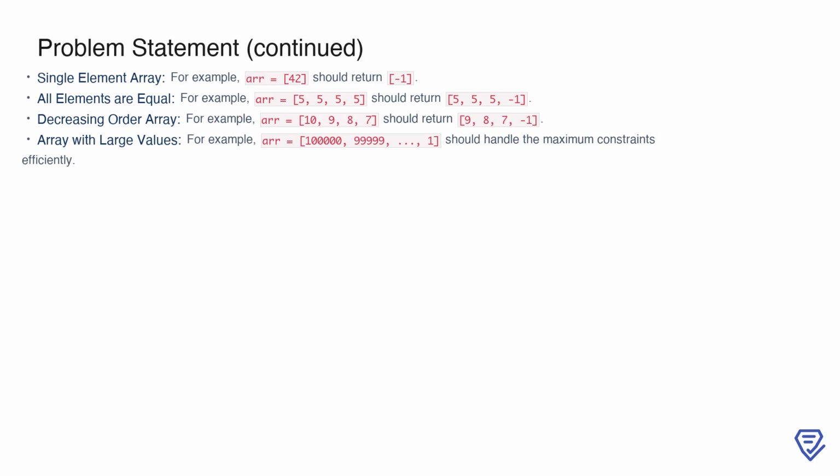For arrays sorted in strictly decreasing order, like arr equals 10, 9, 8, 7, the output will be 9, 8, 7, -1. Finally, we need to ensure that the solution efficiently handles cases with the maximum constraints, such as an array with values like 100,000, 99999, 1. This emphasizes the importance of designing an optimized approach to solve the problem within the given constraints.